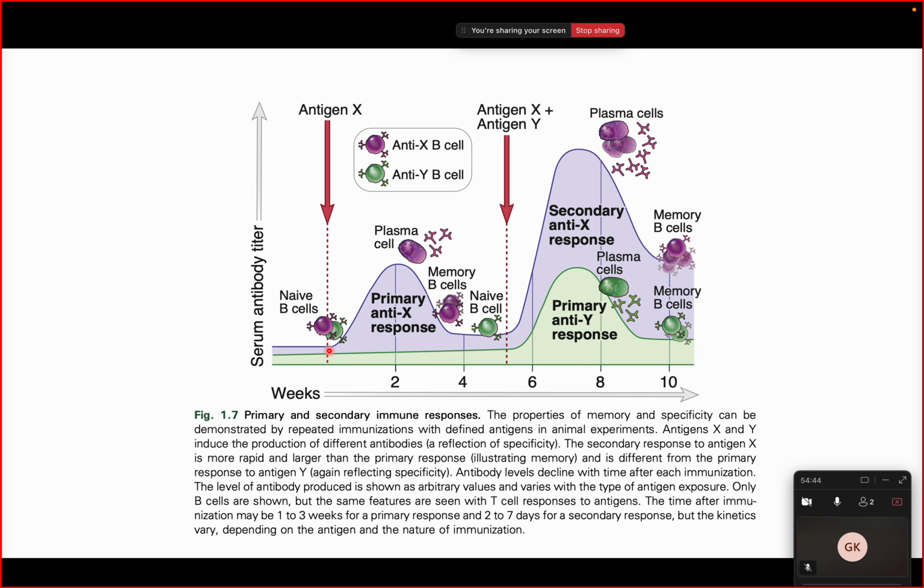Then you will have an antibody against the infection by the second or third day. So you remember when you get a cold, for the first 2 to 3 days your symptoms increase and then suddenly they start to resolve. So by 0 to 3 days approximately, your primary response is via B cells, which are producing antibodies. So the infection is under control.